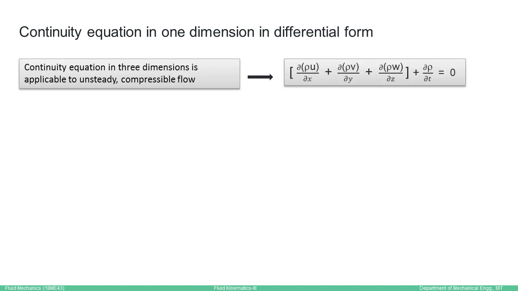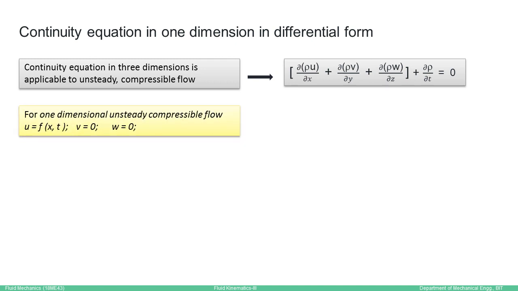We have already derived this expression for the continuity equation in 3 dimensions for unsteady and compressible flow. If it is only 1-dimensional unsteady compressible flow, then u is a function of x and t, and the velocity components v and w are equal to 0.